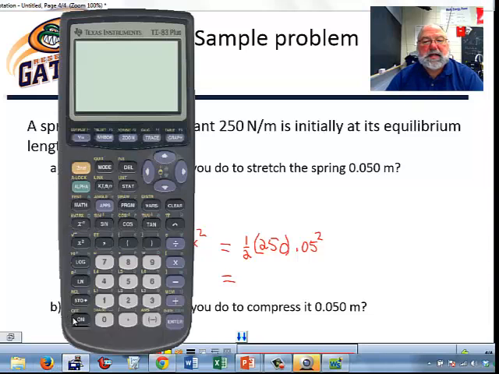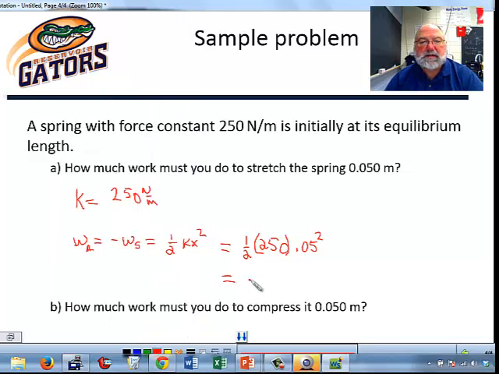Okay, bring out the handy dandy calculator. So we have 0.5 times 250 times 0.05 squared. Enter that. And the work you did stretching the spring is 0.313 joules. How much work must you do to compress it by this?